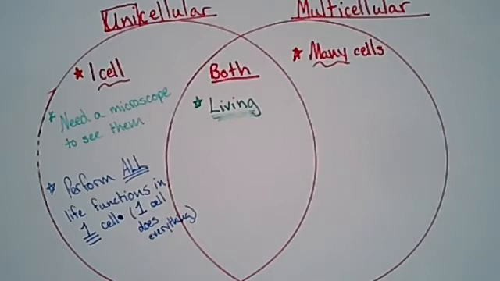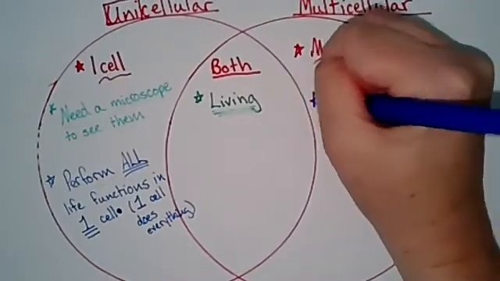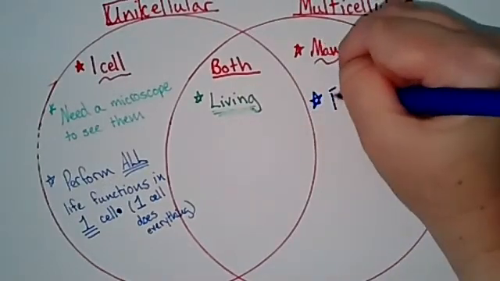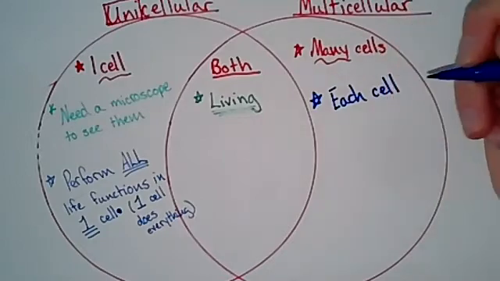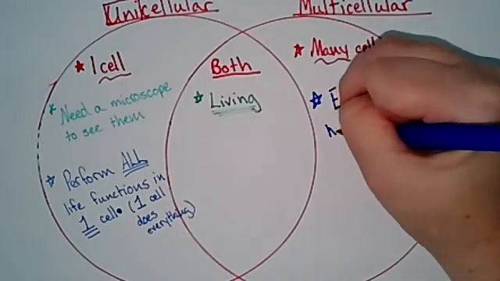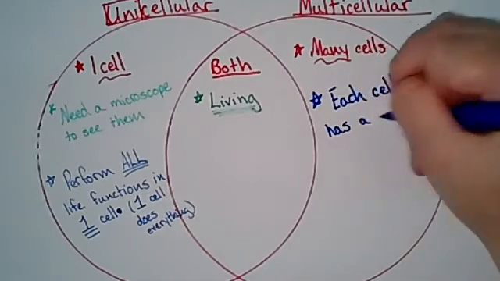So when I'm talking about you, for example, you are made up of a bunch of different cells that are specialized. Let's write that down. So each cell inside of you, each cell has a specialized job.